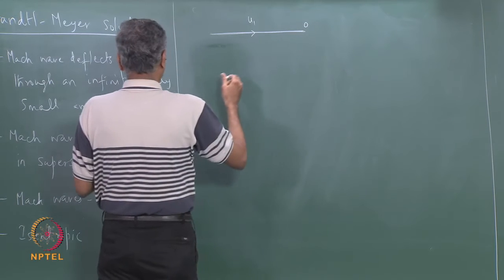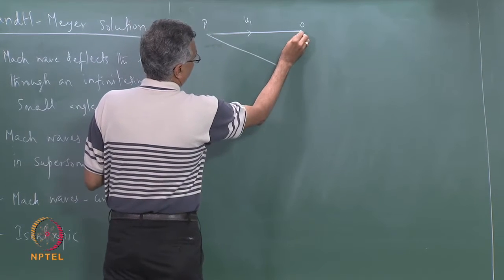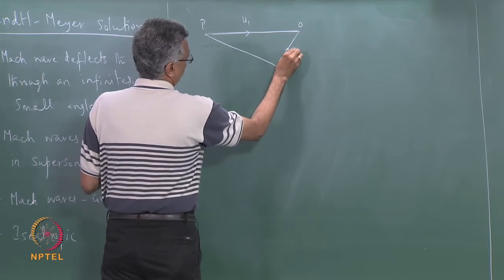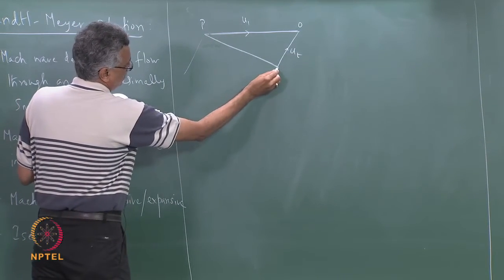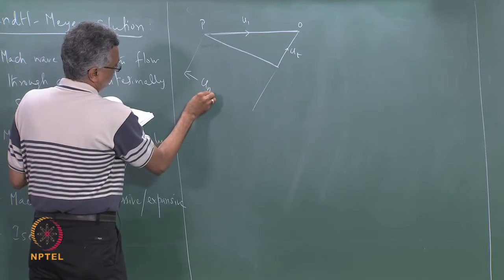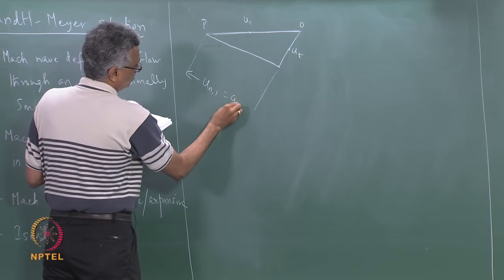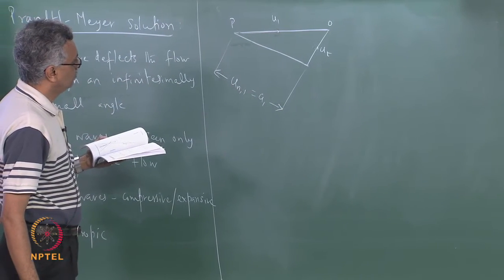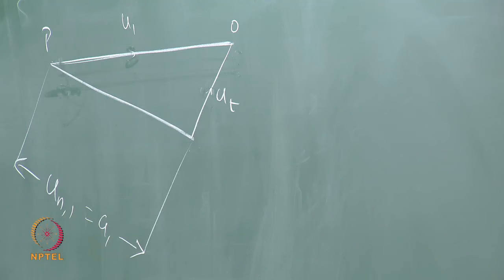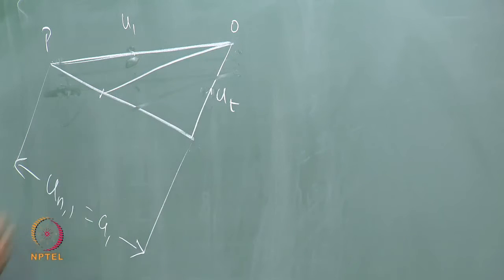So this is O, this is P, this is UN1, the arrows are not required, I think we should be alright without the arrows. So UN1 equal to A1, this is the triangle before the flow and the triangle afterwards looks like this.